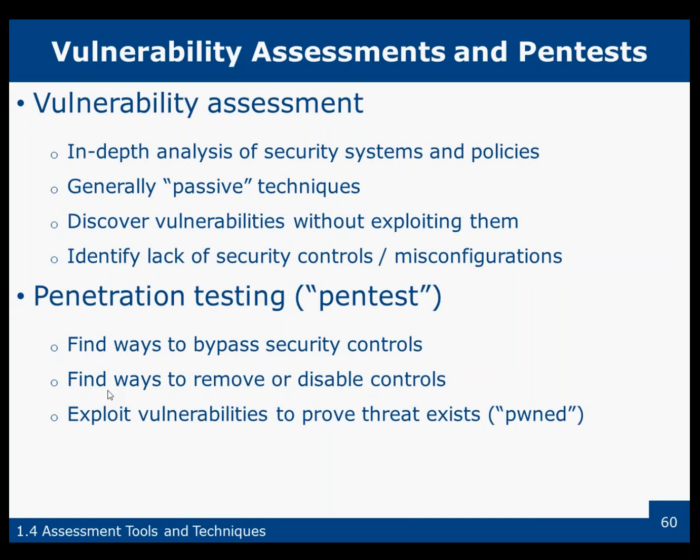Penetration testing is, you want to find ways to bypass the security controls, find ways to bypass the policies and all the things that we set up to make the network secure. We want to remove or disable the controls, as they say, and then exploit the vulnerabilities.